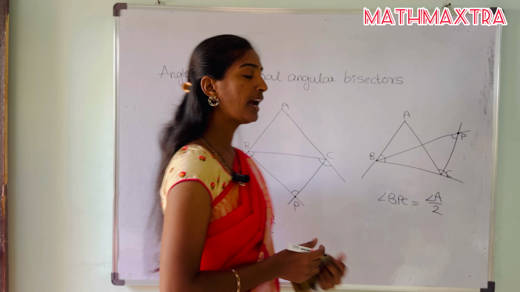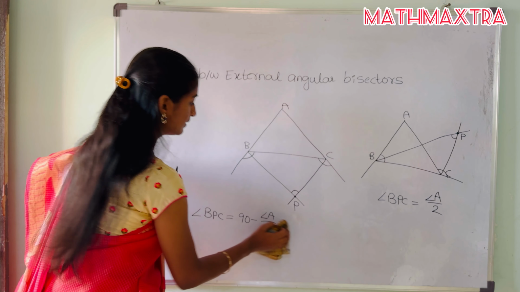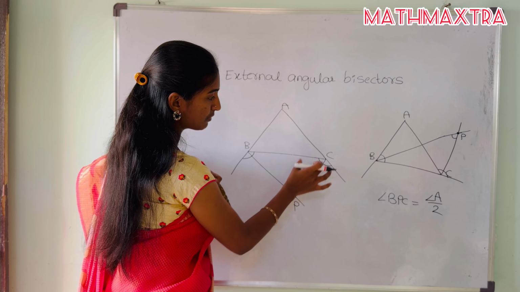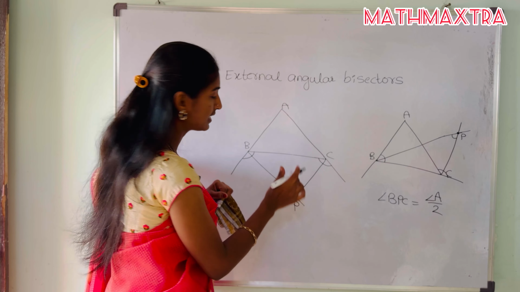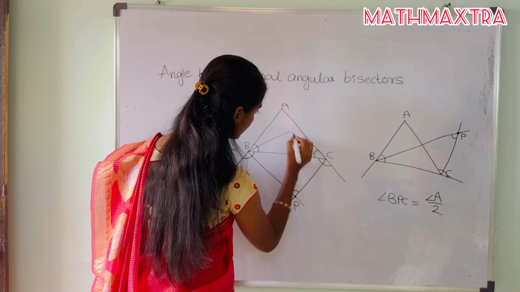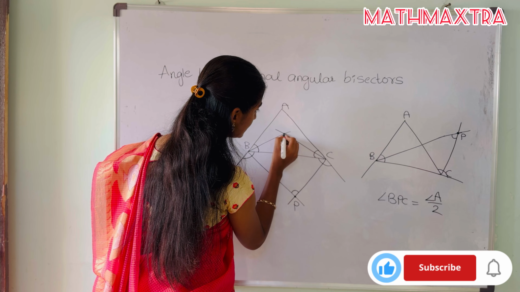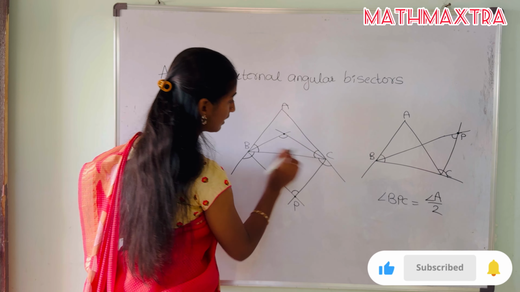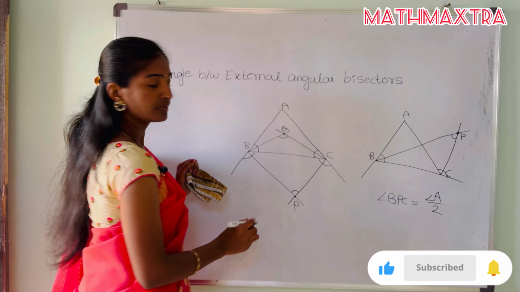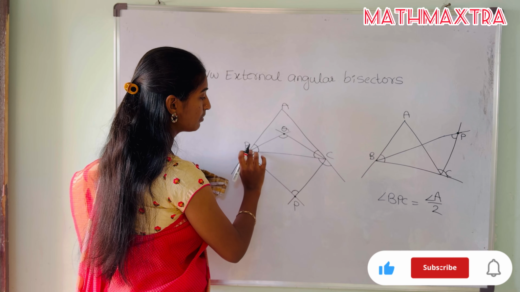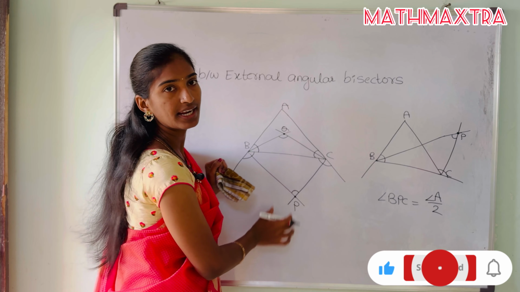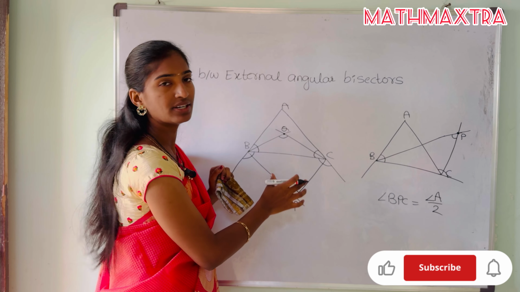And we have one more relation. See, this angle is formed by two external angular bisectors, right? And one more angle is formed by internal angular bisectors. Let us call this Q. This angle is formed by two internal angular bisectors and this angle is formed by two external angular bisectors at the same vertices.